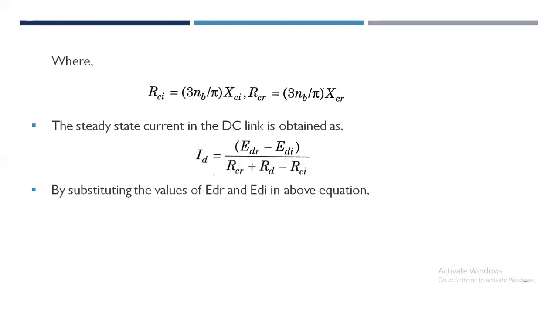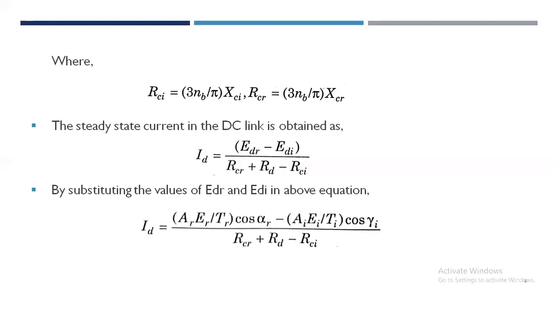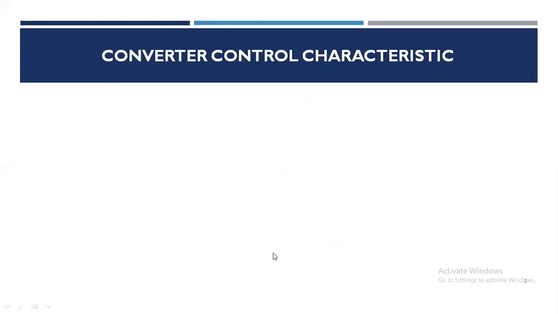By substituting the values of EDR and EDI in the above equation, we get ID is equal to AR ER divided by TR cos alpha R, minus AI EI divided by TI cos of gamma I, with the denominator as it is, RCR plus RD minus RCI.